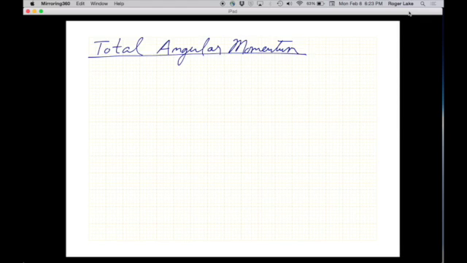Okay, so the total angular momentum is related to L and S like this. So the magnitude J squared is equal to L plus S squared. I'm being a little sloppy, so magnitude squared.